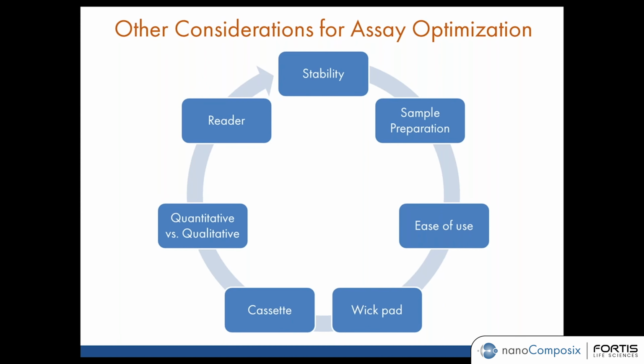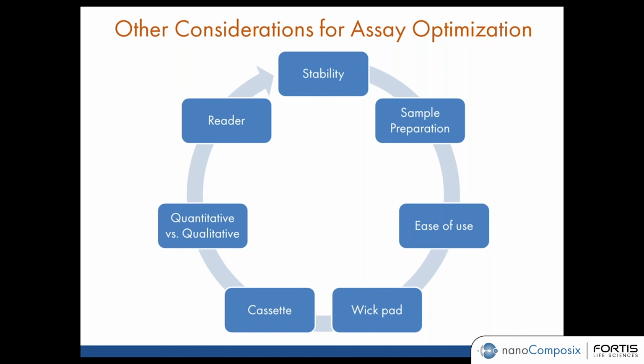The wick pad can significantly impact assay performance and runtime and should be tested empirically for each assay. A cassette is another feature that is useful for many lateral flow assays. The cassette can ensure that all the test components overlap with the correct contact pressure and aid in better flow and test reproducibility, among other things.